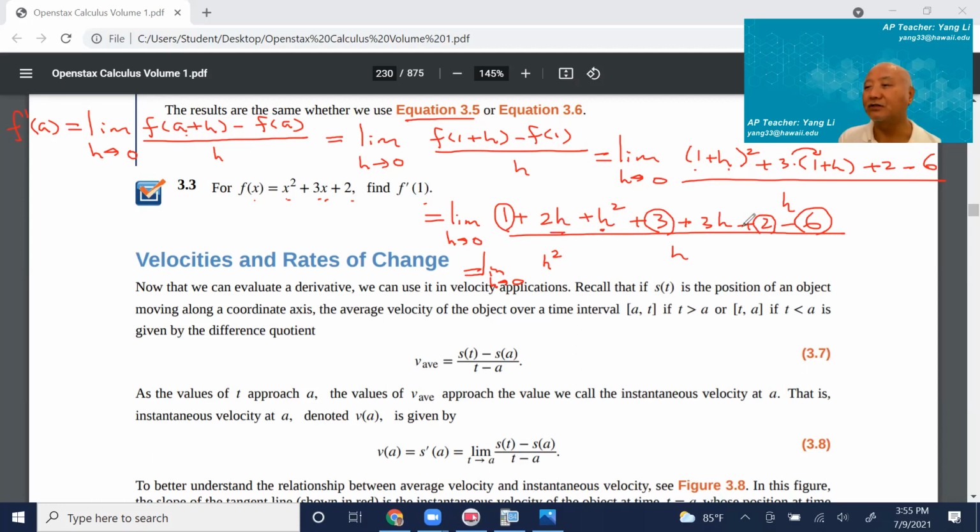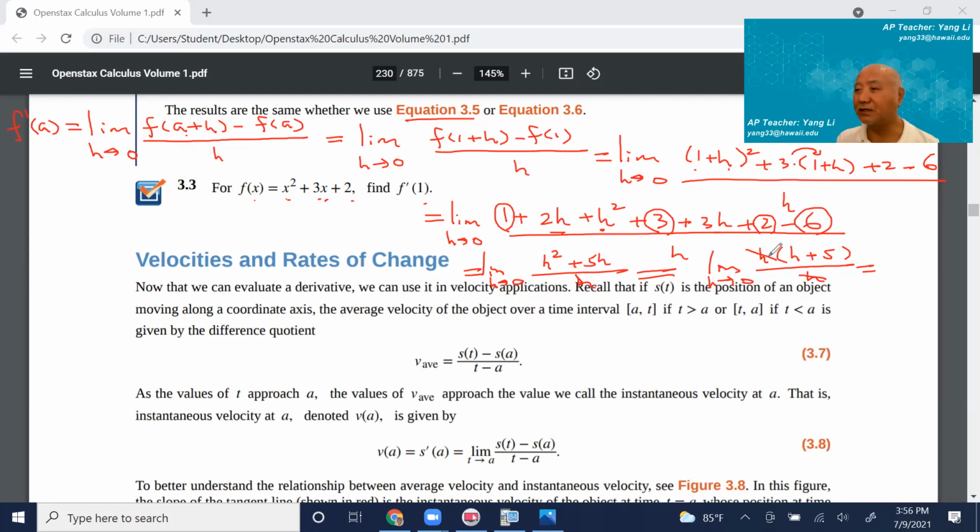And you have 2h plus 3h, that equals 5h over h. And then we can factor the top part. So you have the limit as h approaches 0. You factor the h out. After you factor the h out, you have h plus 5 over h. You see here, we have to simplify like this so we can cancel this h.